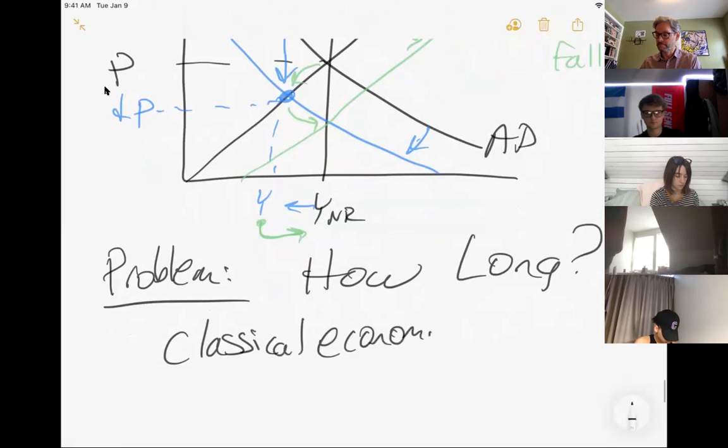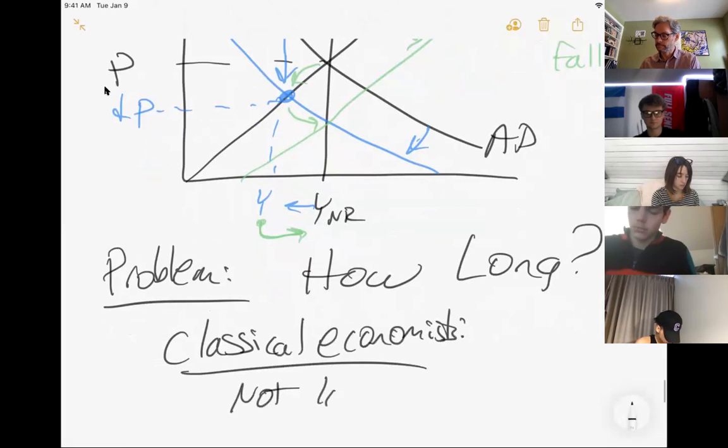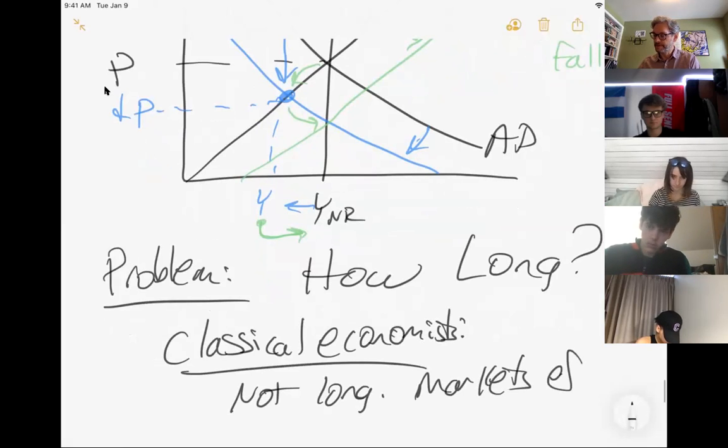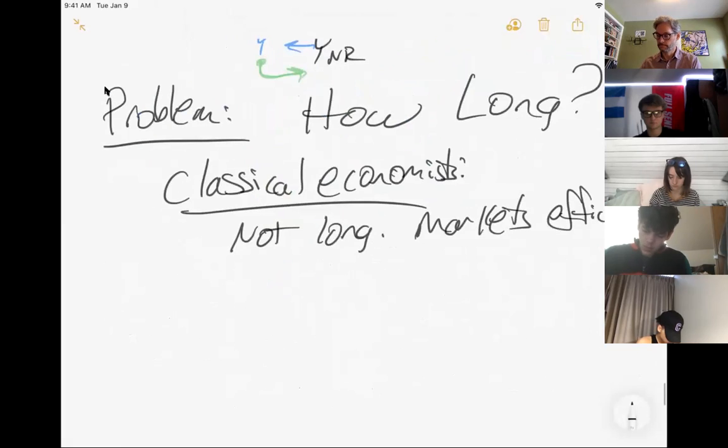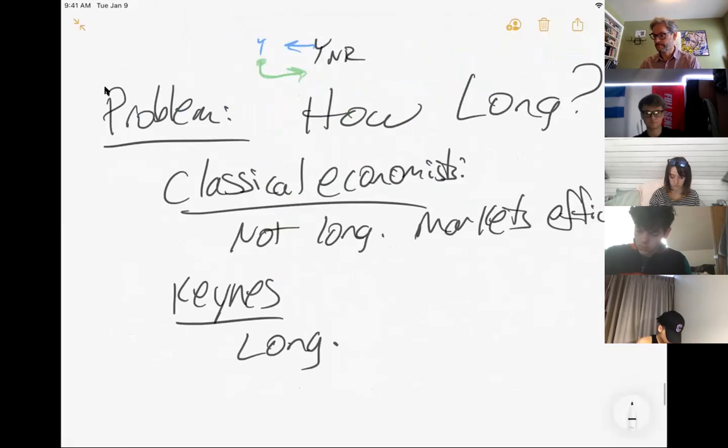Classical economists would say, oh, not long. Markets are efficient. Keynesians would argue long.